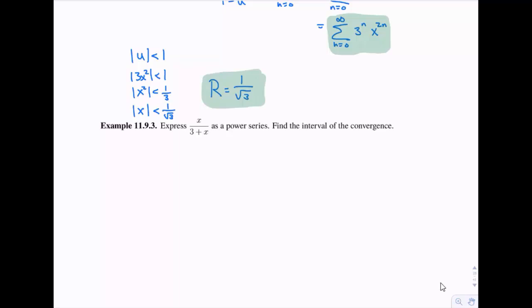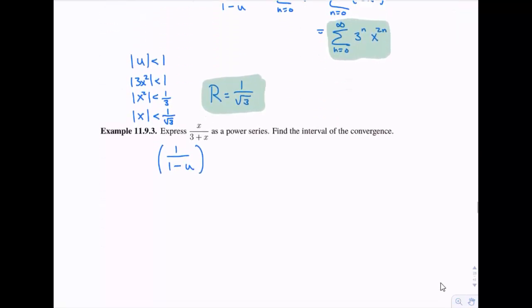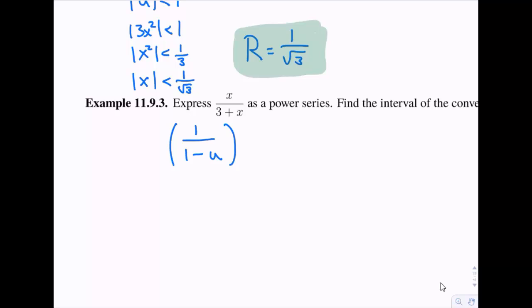So here, this is a little bit more complicated, but still we're going to relate it back to 1 over 1 minus x. So in this case, I'm going to do 1 over 1 minus u, and I'm going to try to choose something that looks like this, x over 3 plus x. First, let me imagine multiplying by an x and throwing a 3 down here.